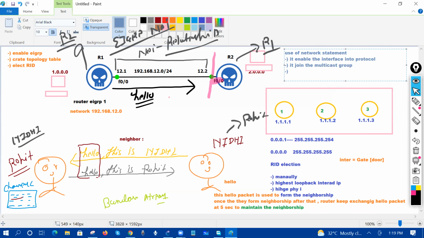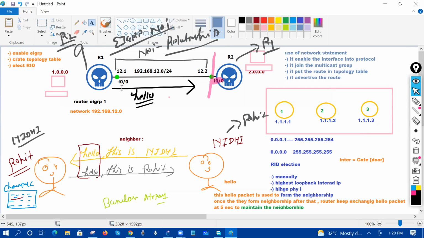Third, it puts the route into the topology table, and fourth, it advertises the route. These are the four uses of the network statement.